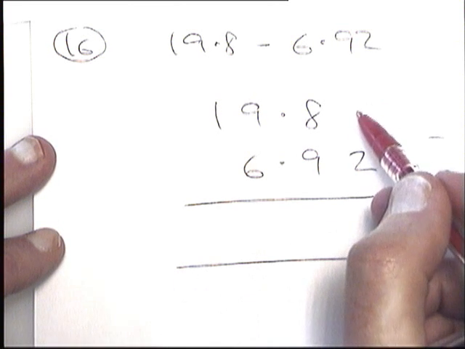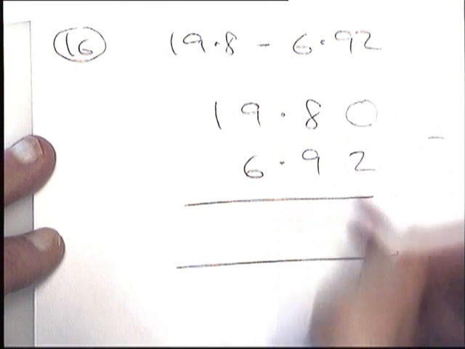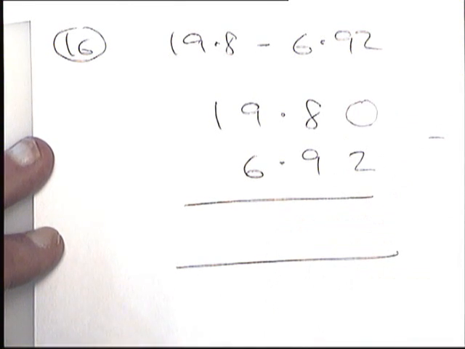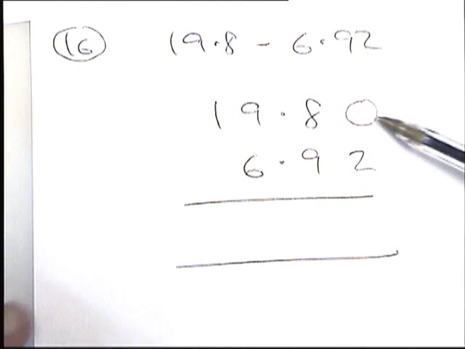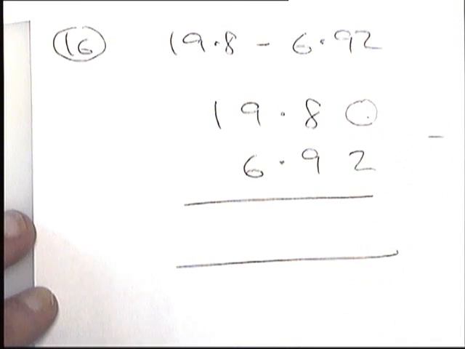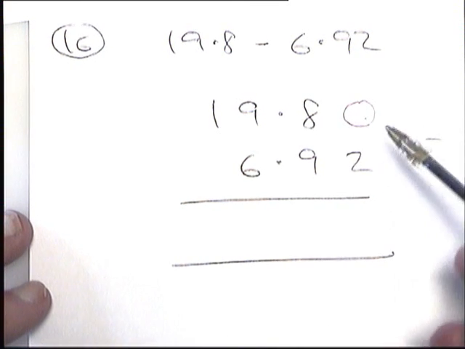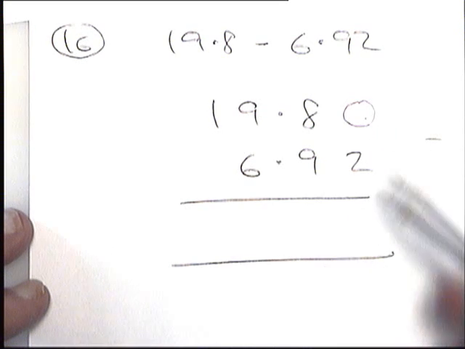Now there's a gap here above this number, so put a naught in there. And a gap like that, after a decimal point, you can put a naught in to fill the gap. So the first part I've got to do here is nothing take away 2. Well, I can't take anything away from nothing, so I've got to do some borrowing.